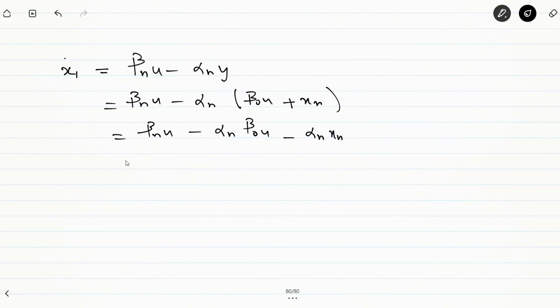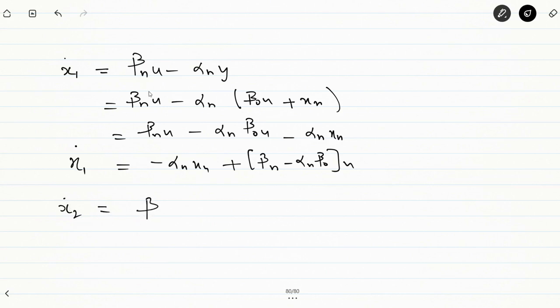Fine. That means minus alpha n xn plus beta n minus alpha n beta naught of u. So this is your x1 dot.